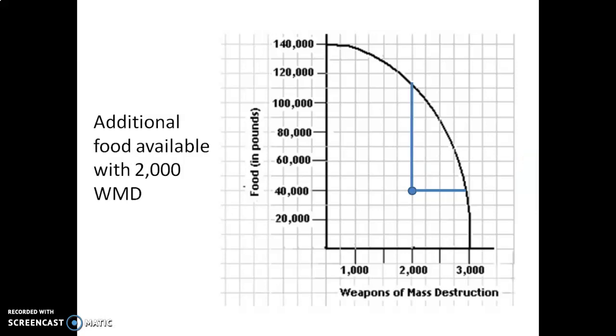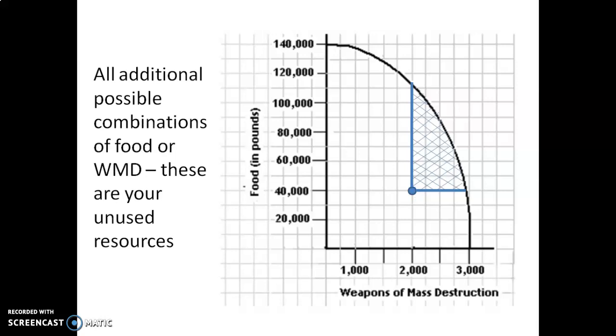In addition, if we should stay at 2,000 WMD, we could also then produce a whole lot more food, and the second blue line represents all the additional food we could produce if we stick at 2,000 weapons of mass destruction. So the line on the bottom is the line for WMD, that is potential additional production of WMD at 40,000 pounds of food. And the vertical line is the potential increase in food production if we stay with 2,000 weapons of mass destruction.